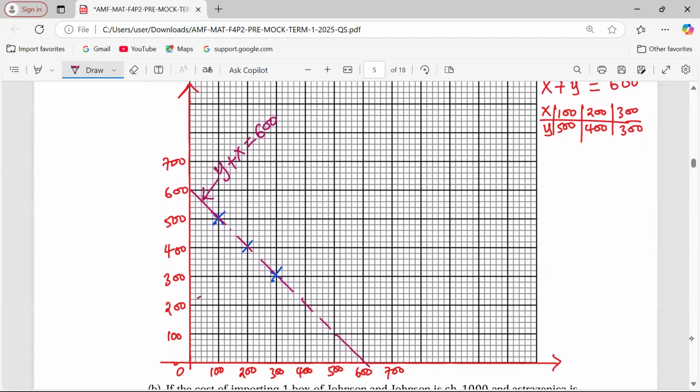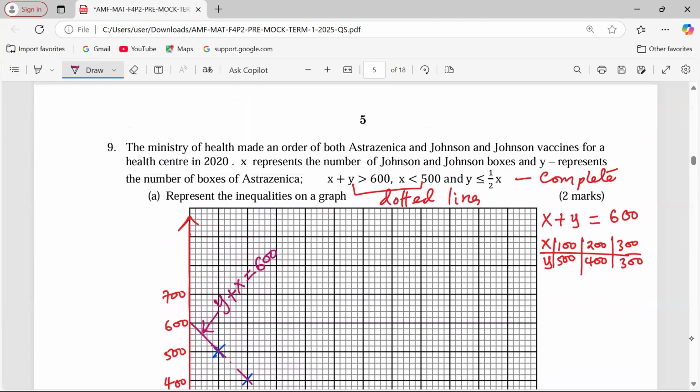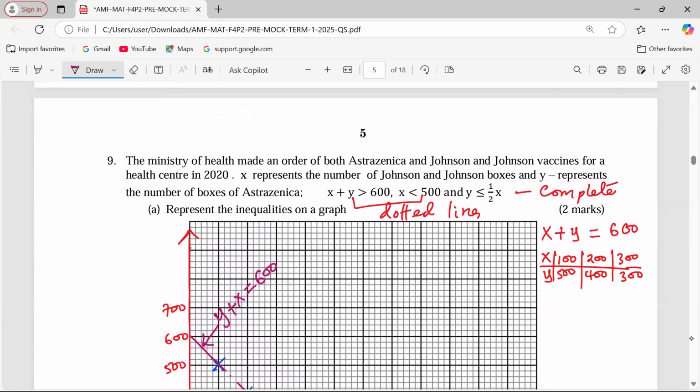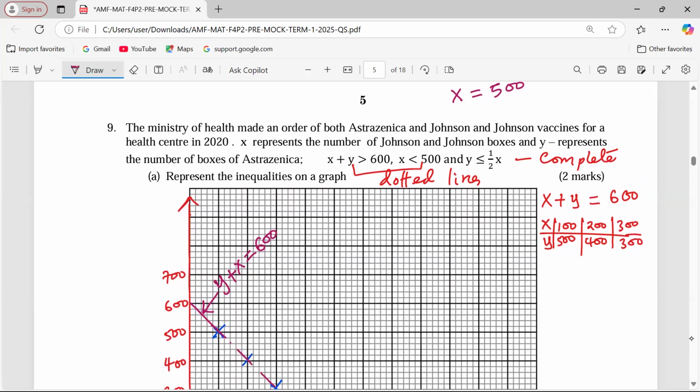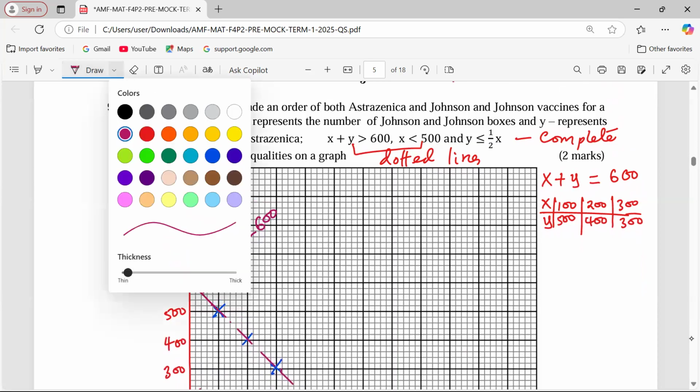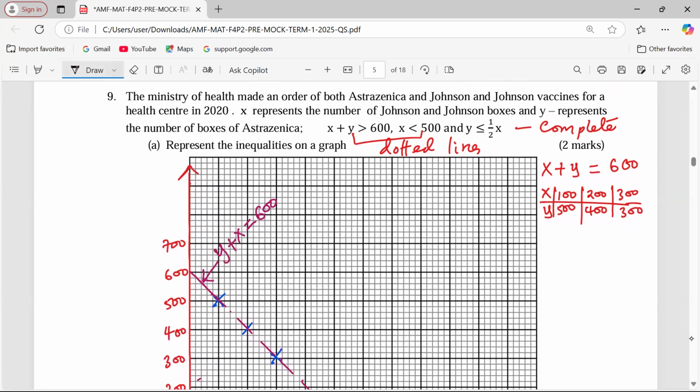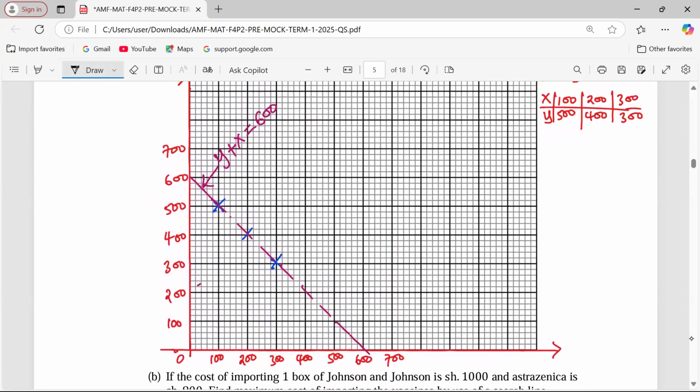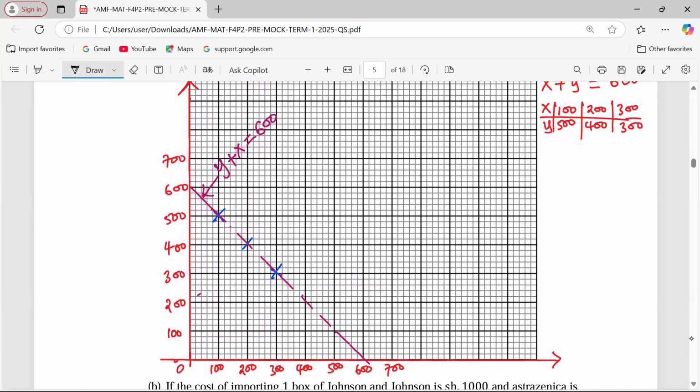Now, the second one is going to be x less than 500. So this one is x equals 500. On the x-axis, we go to 500 and we just draw a vertical line there, but it's going to be dotted. X at 500, and we remember that it shall be dotted.